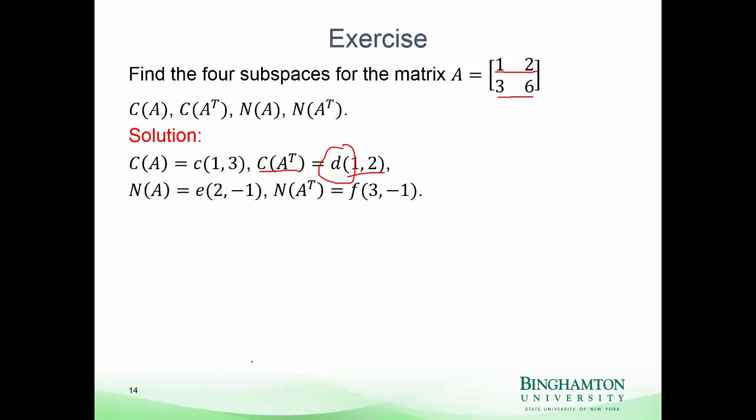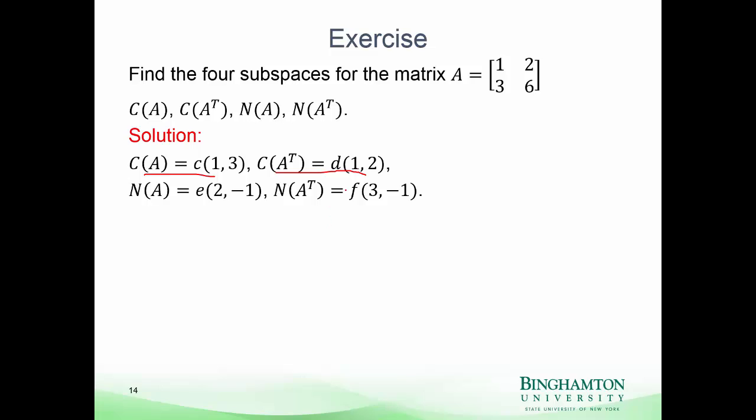Now let's look at the null spaces. Well, again, from our dimension characteristics here, we know that Rm is R2, Rn is R2, so our two big spaces are both two-dimensional, and we've got a one-dimensional column space, one-dimensional row space, so that leaves only one dimension for each of the null spaces.